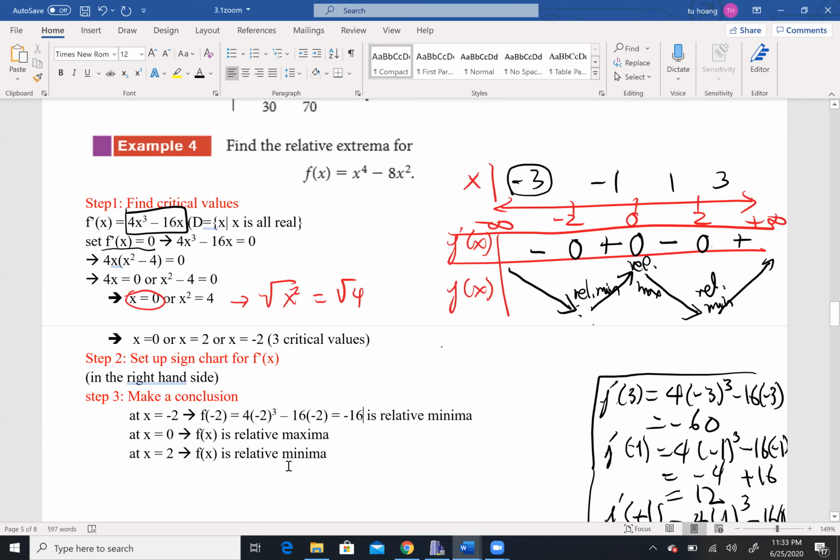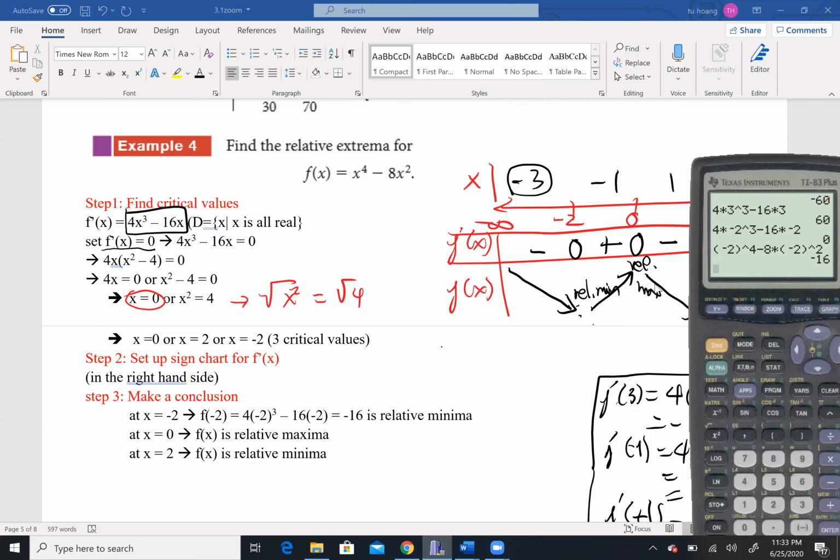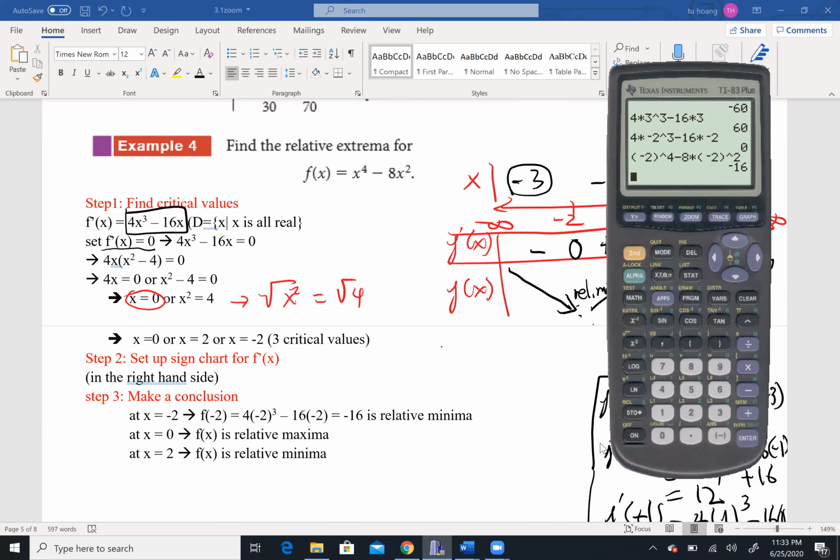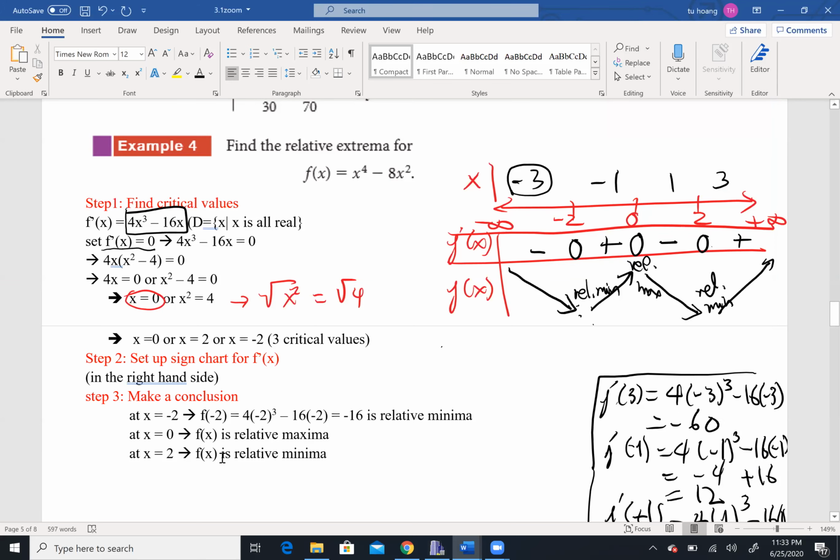And okay, because this is an even function, you should also have f of 2 will be equal to 4 times 2 to power 3.